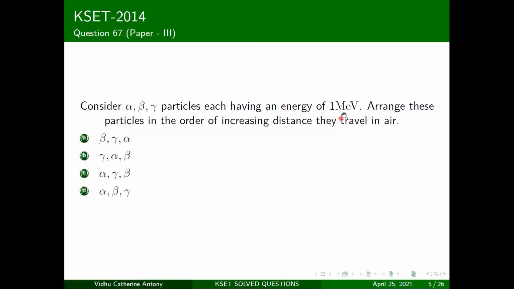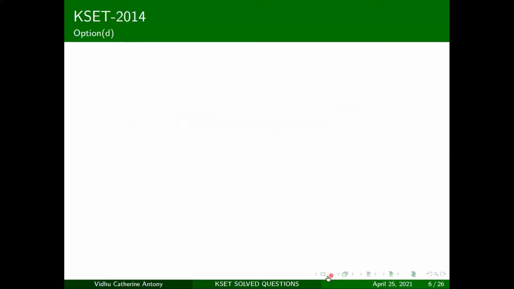Each of them has the same energy. If they have different energies, the case is different. But since they have the same energy, this is pretty easy. You know that the most intense of rays is the gamma ray, and that is possibly going to travel the largest distance with this amount of energy.